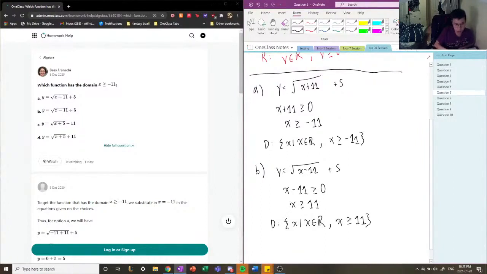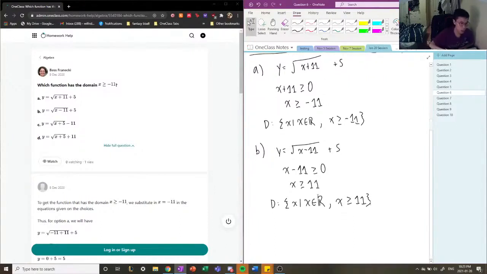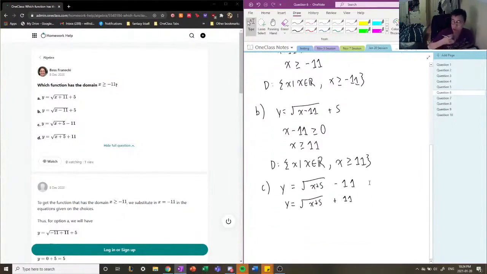So let's quickly evaluate the last two functions here because they're kind of the same. We have y equals the square root of x plus 5 minus 11, and the other one is y equals the square root of x plus 5 plus 11. You see here, we're not even considering these constants because they don't really dictate our domain. Our question again is, what values of x are valid for the square root?